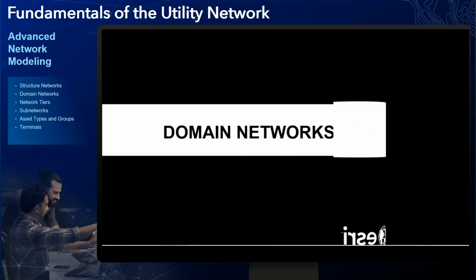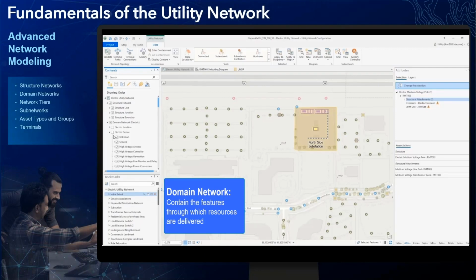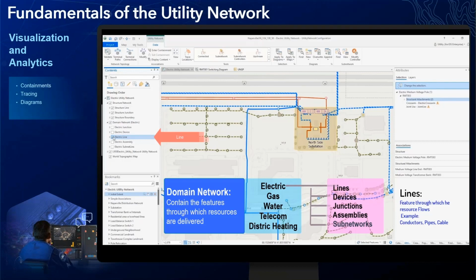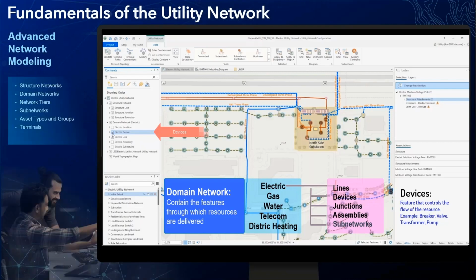Domain networks contain the features through which your resource is delivered, and these could be delivered across either electric, gas, water, telco, or district heating. There are 5 types of features in a domain network. There's lines, through which a resource flows, for example, conductors, pipes, or cables. Devices that control the flow of that resource, such as breakers, valves, transformers, or pumps.